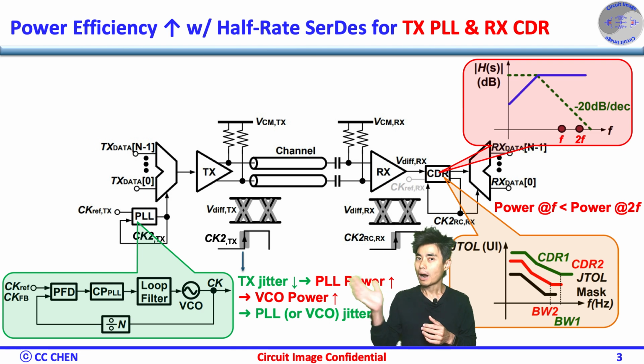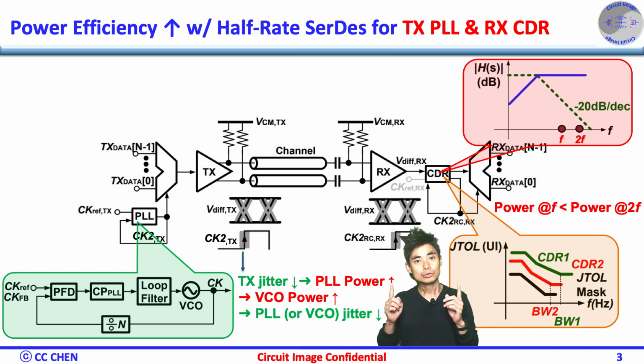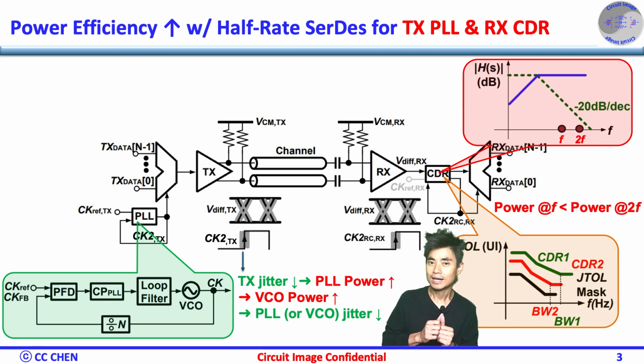Bingo! Power. To design a low jitter TX PLL, the higher frequency will require more current to reduce the thermal noise than the lower frequency, especially for the most noise-contributing block, the VCO, which is the most power hungry.